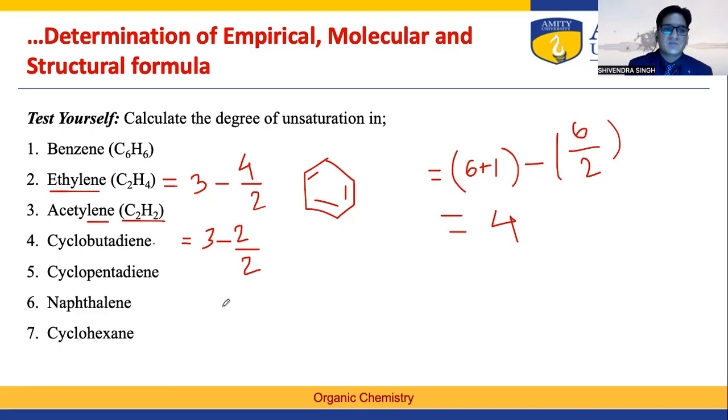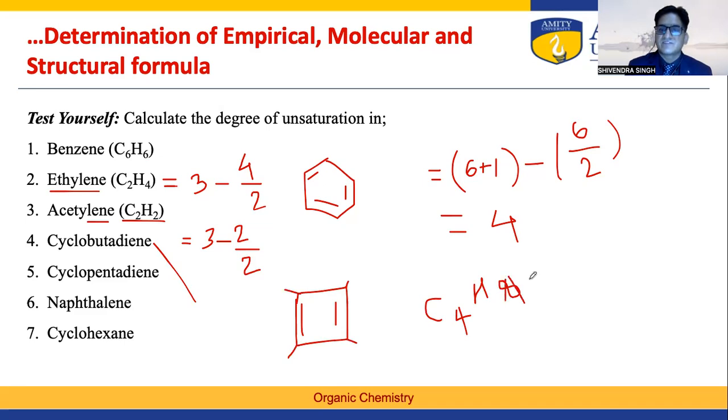Similarly, for cyclobutadiene, if you know the structure, cyclobutane and butadiene together give this structure of cyclobutadiene. If you write the molecular formula of this compound, counting 1, 2, 3, 4, it will be C4H4.